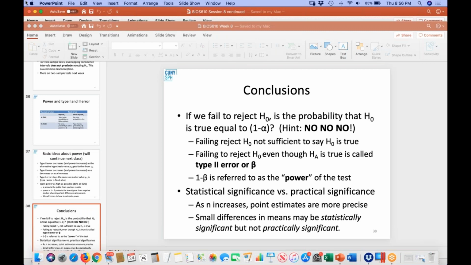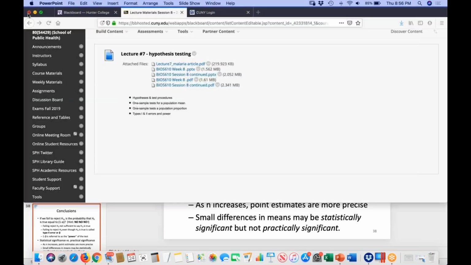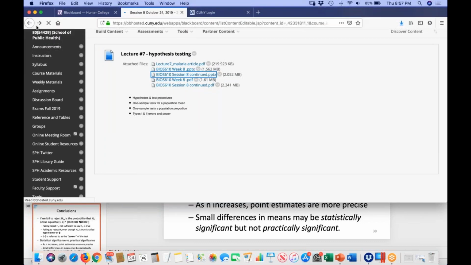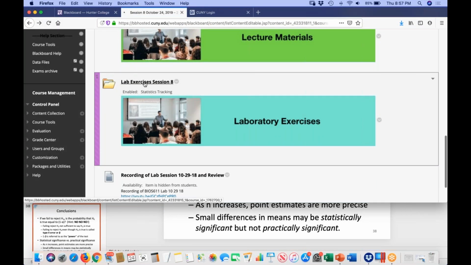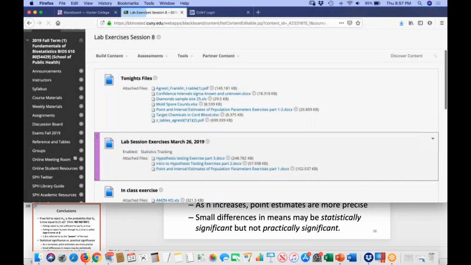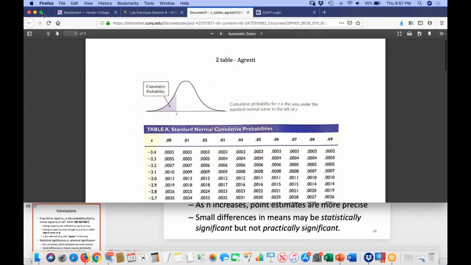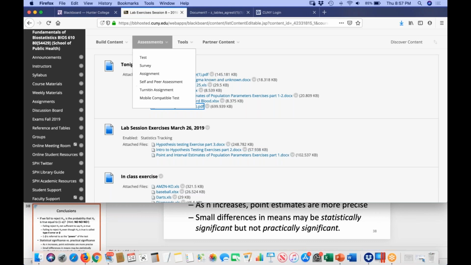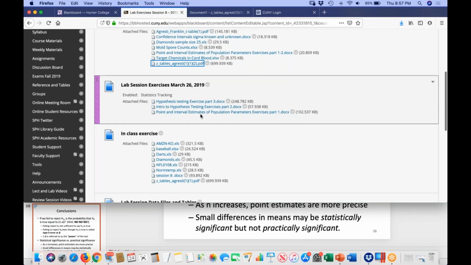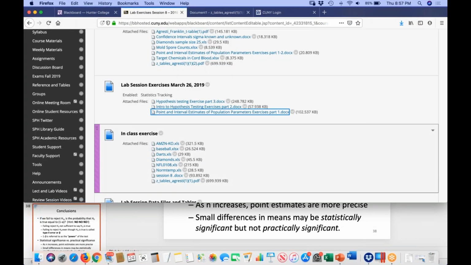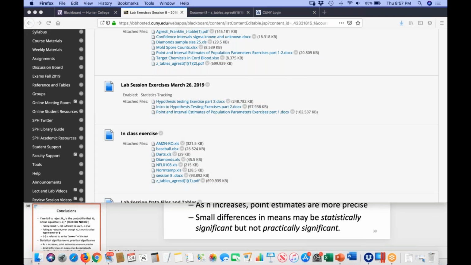Let me get into some examples. Oh, come on, open up.